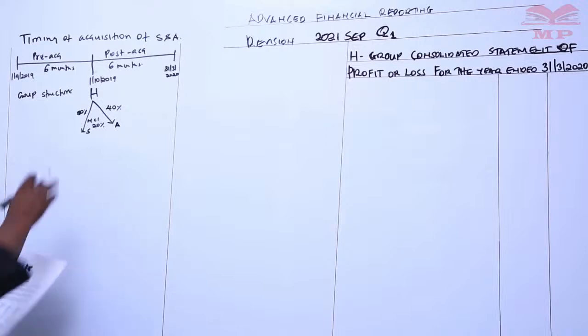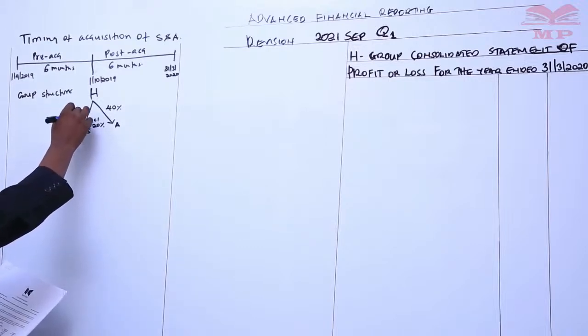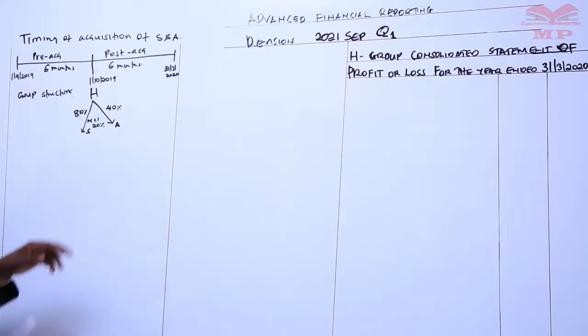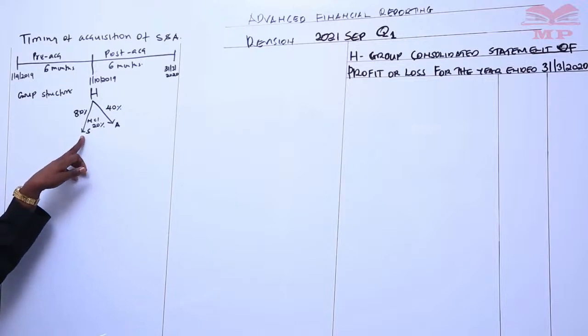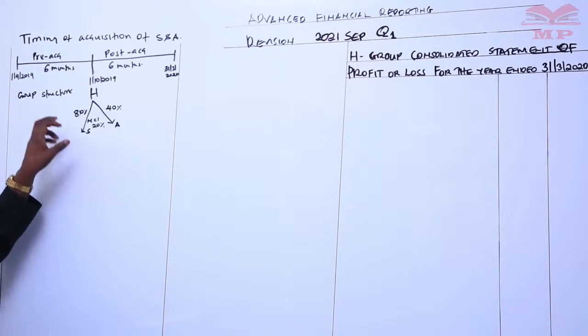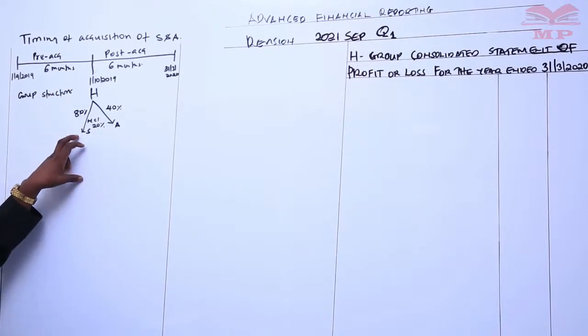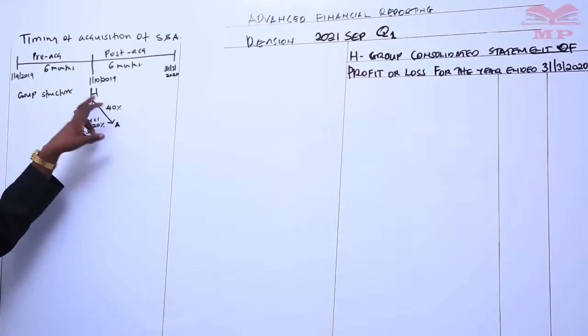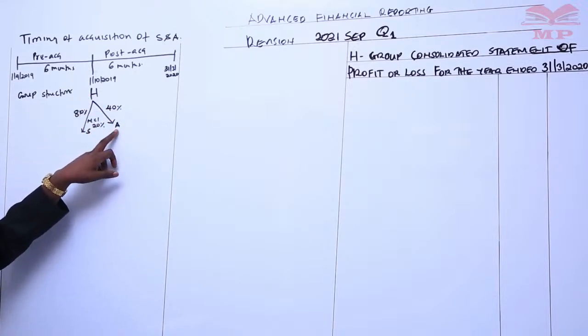From this group structure, we can conclude that S is a subsidiary because H is acquiring 80%, or simply 50 plus 1% on percentage ownership is in S. So therefore it is a subsidiary. It is meeting the definition of a subsidiary. And A is 40%.